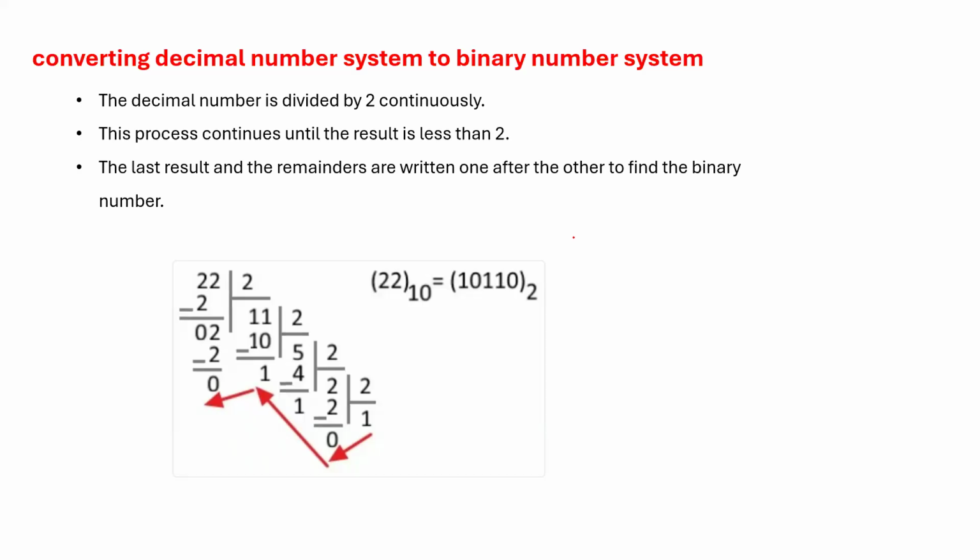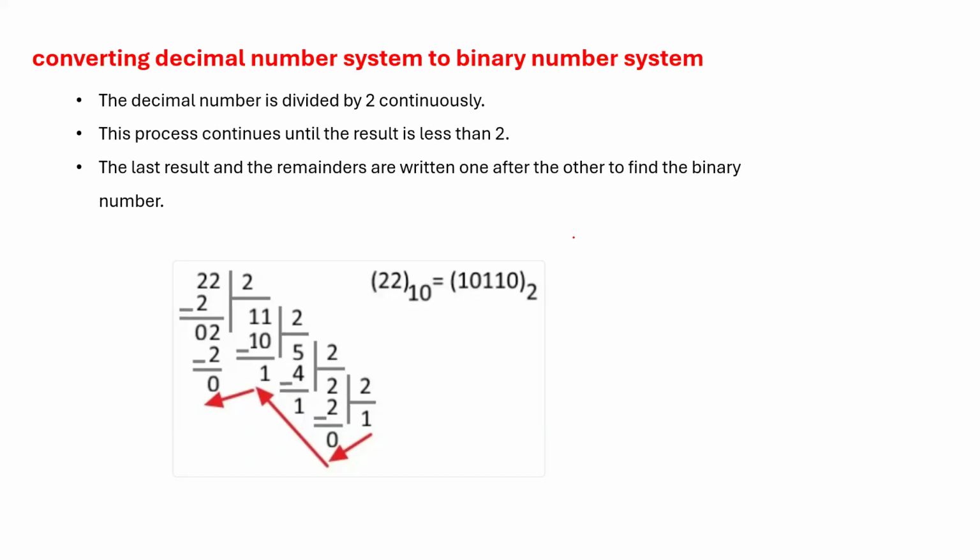So how can we convert this structure? As you see, we have a division process in here. This process continues until the result is less than 2, because our base is 2, as you know. In this part, as you see, we have a decimal number, 22, and we will divide this number by 2 because our base is in this binary system.